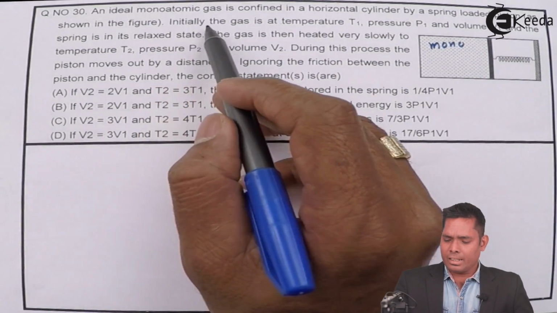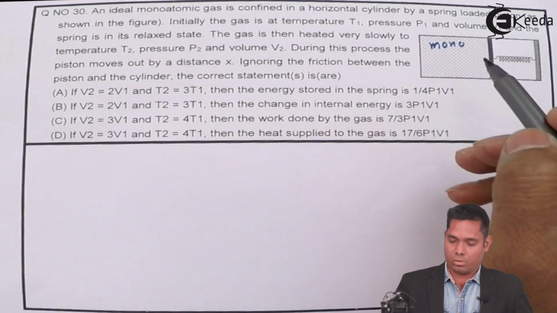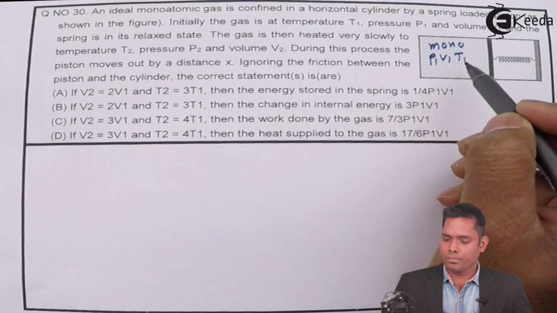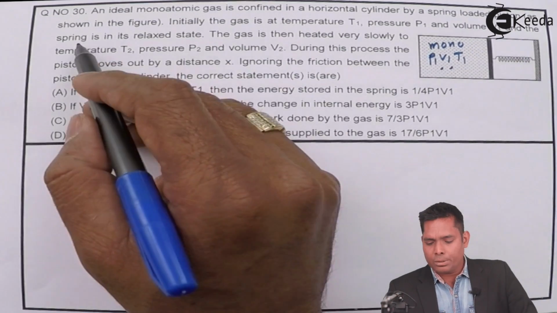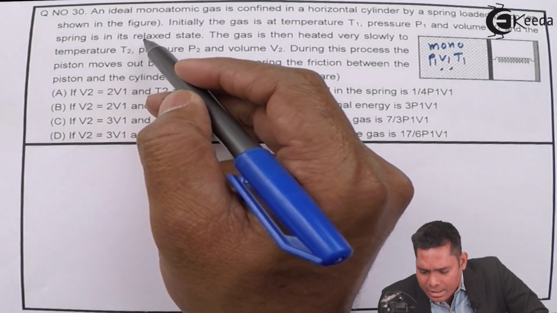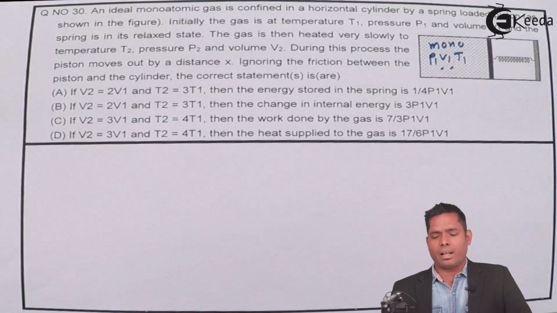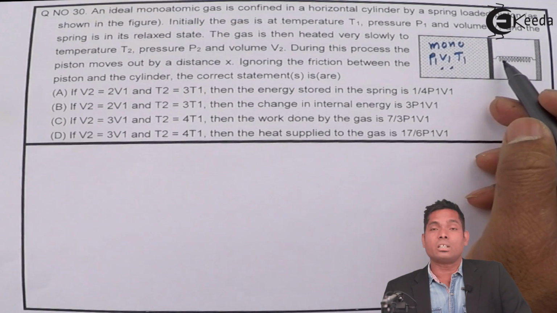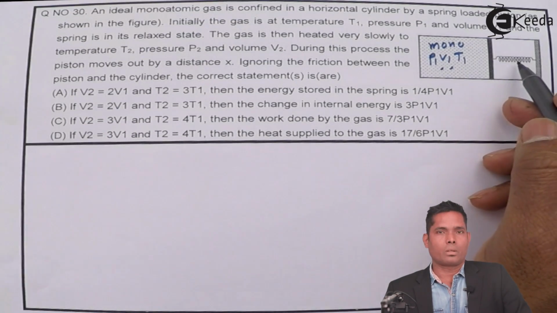As shown in the figure, initially the gas is at temperature T1, pressure P1 and volume V1. So its initial pressure, volume and temperature are P1, V1, T1, and the spring is in its relaxed state, which means there is no extension or compression in the spring.